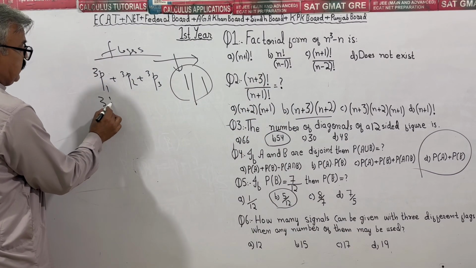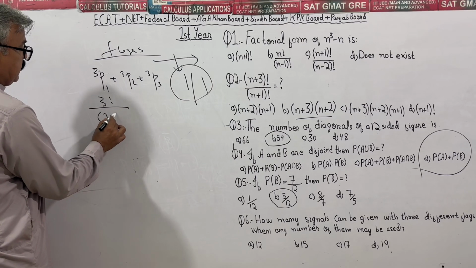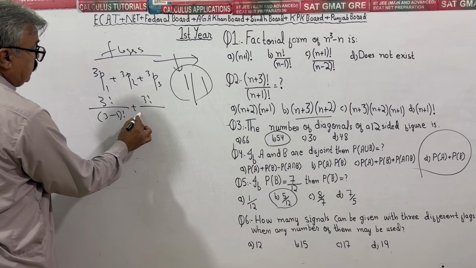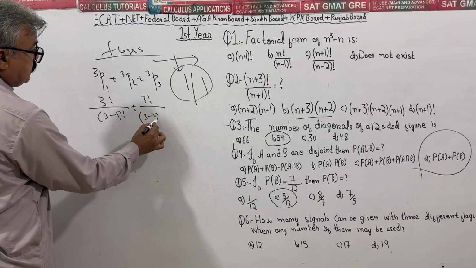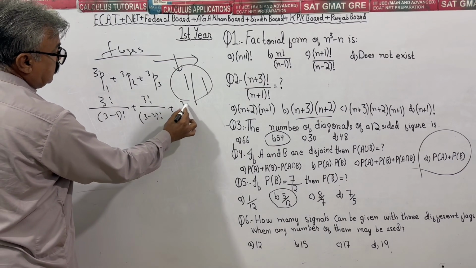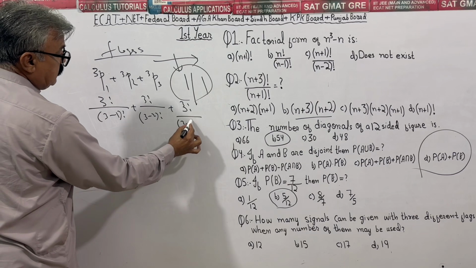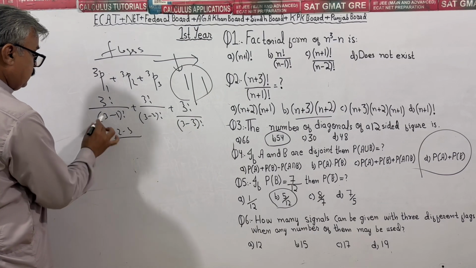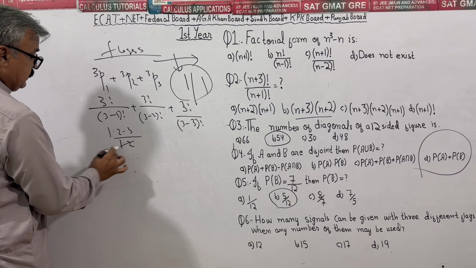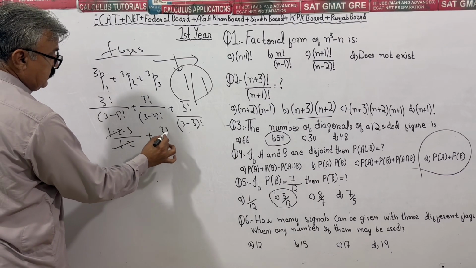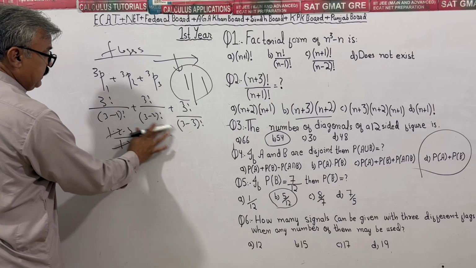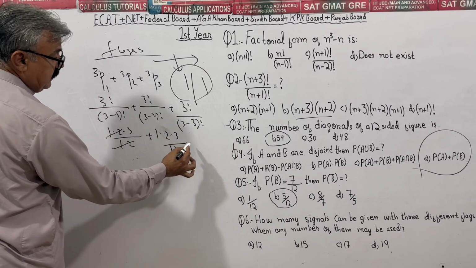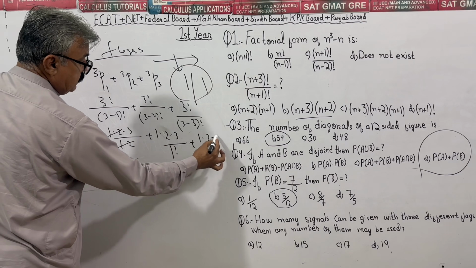Solving for this: 3 factorial over 3 minus 1 factorial, plus 3 factorial over 3 minus 2 factorial, plus 3 factorial over 3 minus 3 factorial. 3 factorial is 1 into 2 into 3, 3 minus 1 is 2 factorial, which means 1 into 2, cancelled out, so 3. Then 3 minus 2 is 1 factorial, which is 1, so 3 factorial is 6.